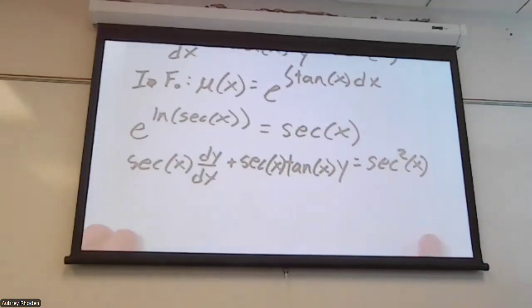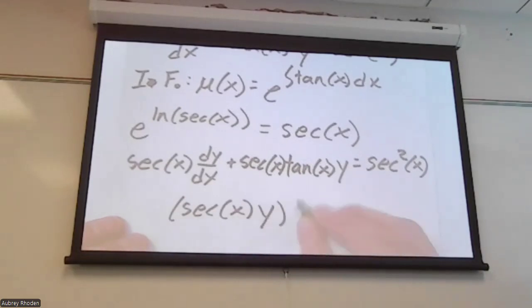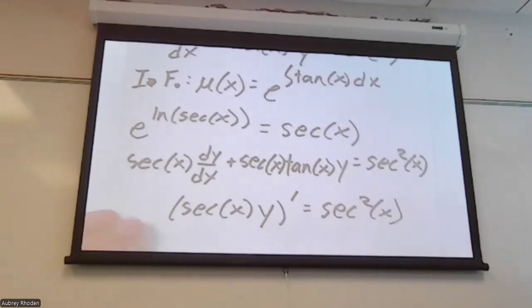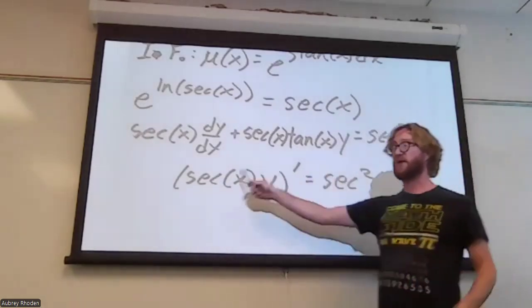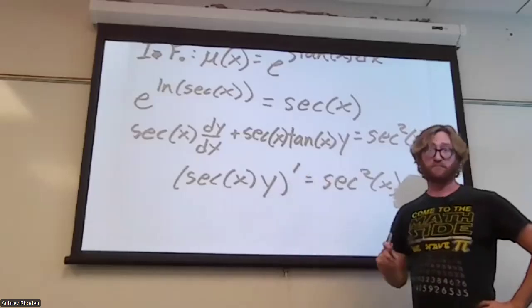So that means this thing right here would turn into secant of x times y prime, which is going to equal secant squared of x. I know I'm repeating myself a lot, but you're always going to end up with the integrating factor multiplied by y prime.